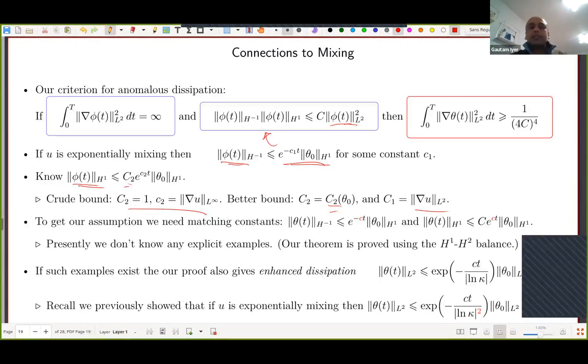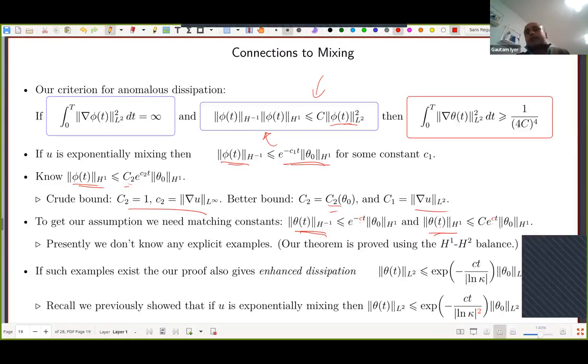To get the assumption that I need for anomalous dissipation, I don't just need any upper bound for the H1 growth. I need a matching bound: the H minus 1 norm has to decay like e to the minus some constant c times t, and the H plus 1 norm has to grow like e to the same constant c times t. I don't know any explicit examples of this.